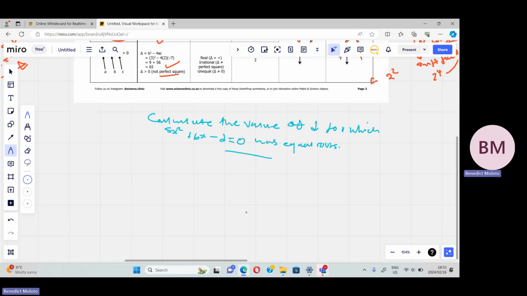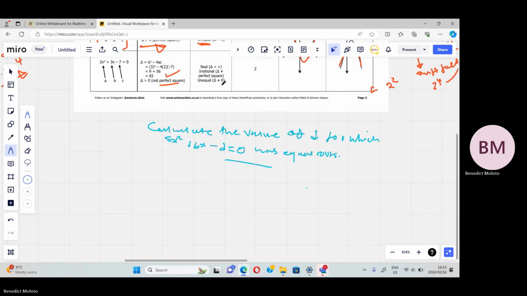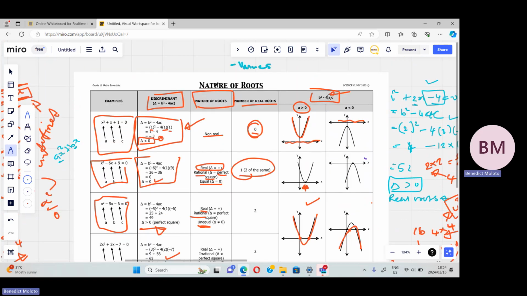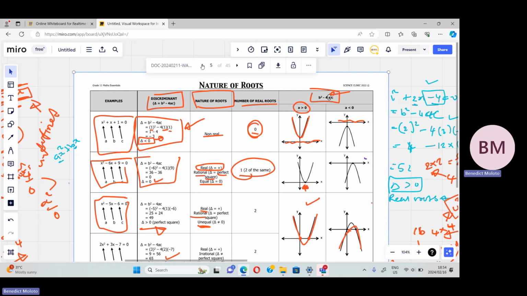And we know that equal roots is where delta is 0. Let me show you, because sometimes you tell people and they think, oh, this guy. Let me show you where this thing comes from. It comes from here.